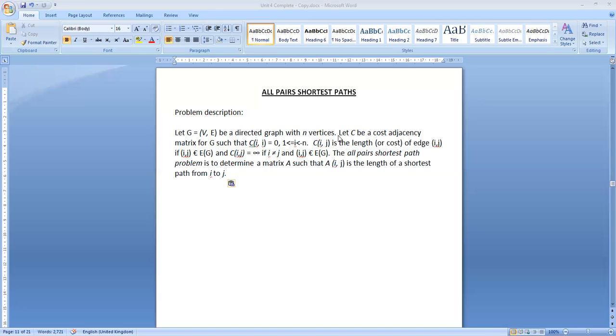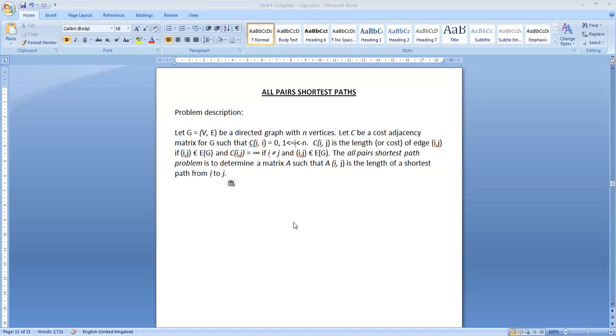Then you know that every weighted graph has a cost matrix. The cost matrix gives you the weight of all edges of the given graph. So we call C the cost adjacency matrix of the given graph.